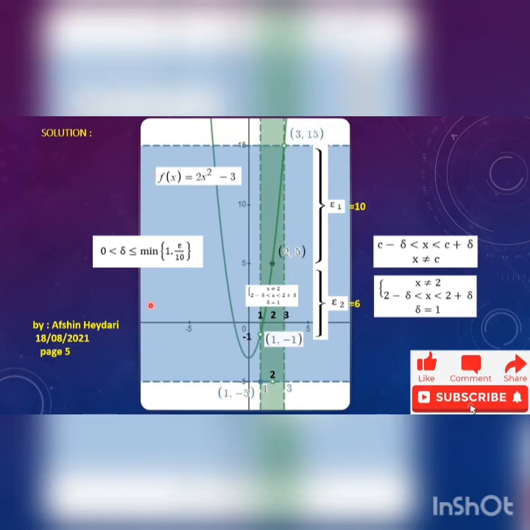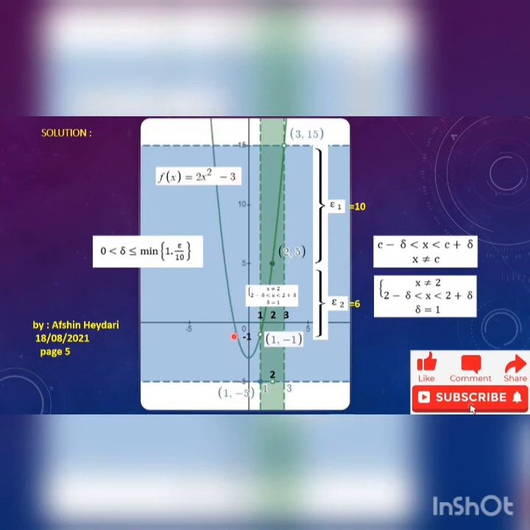Now let's have a quick explanation about this graph. You can see that f of x is 2x squared minus 3.